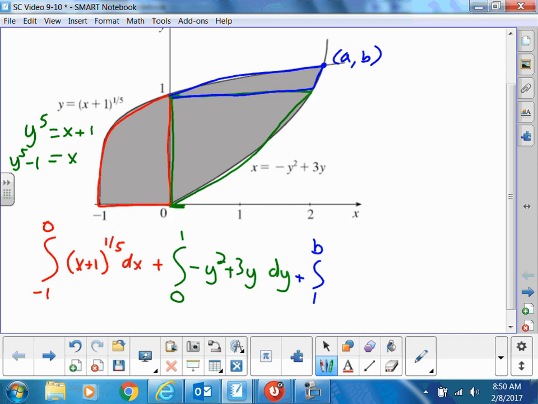We could hypothetically figure it out, but for the purposes here, just to show you the setup, we're not going to get it. So we'll do our right-hand function of minus y squared plus 3y minus our left-hand function, which is that green one that we got x by itself. We'll make sure to put it in parentheses because the negative applies to all of it. And we'll have y to the 5th minus 1. And then our dy.